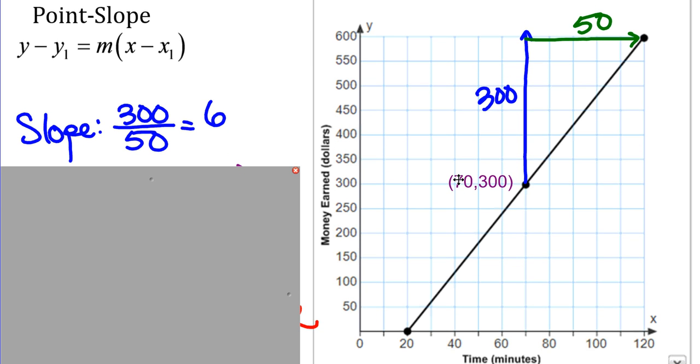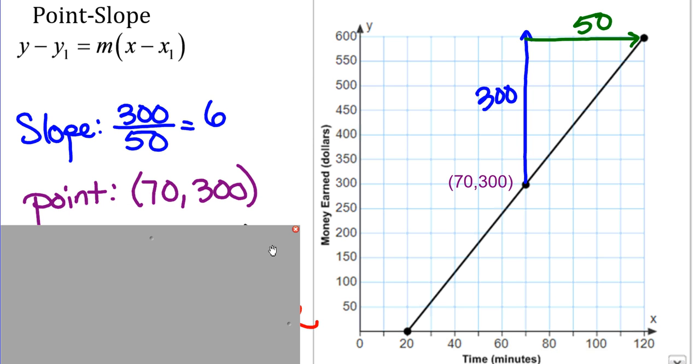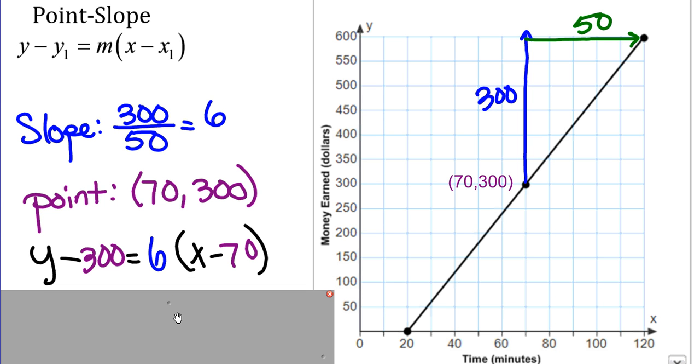So what if I use this point here, (70, 300)? I can substitute that into my point-slope format, which is here. So I now have y - 300 = 6 times the quantity (x - 70). Now, that's not the only point that we could have used to write the equation. I could have also used this point here, (120, 600), to write the equation.